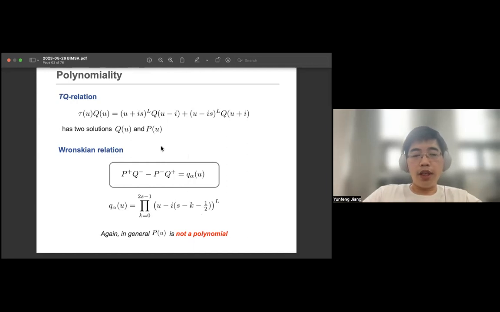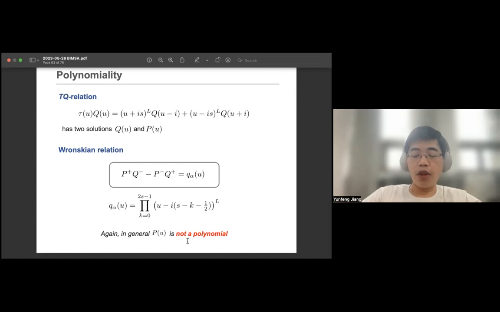So similarly, even if we require that tau U and the QU are polynomials, there is no guarantee that PU is a polynomial. In fact, we can show by construction that the PU in general is not a polynomial when it has singular solutions. This intuition is the same as in the spin 1/2 case. There you have the digamma function, while here you have a polygamma function.